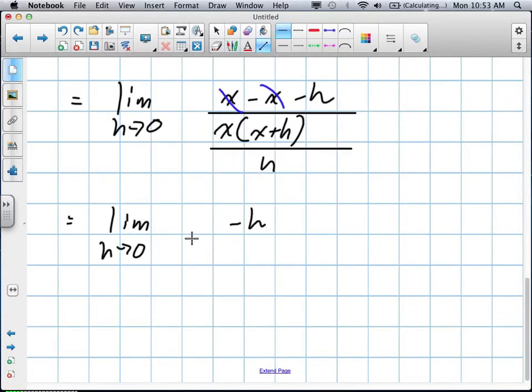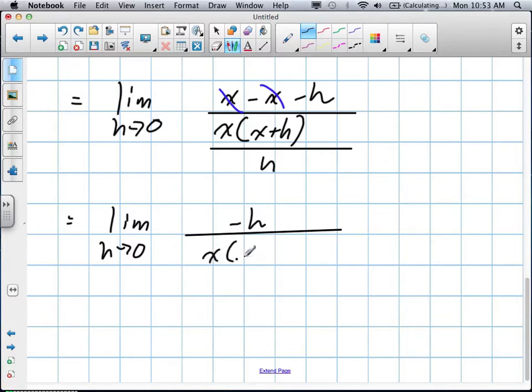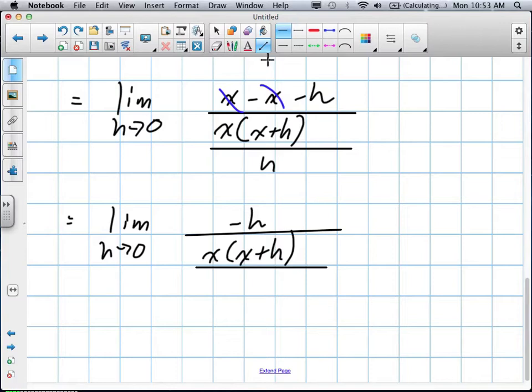Above, our x times x plus h, and all divided by our h.